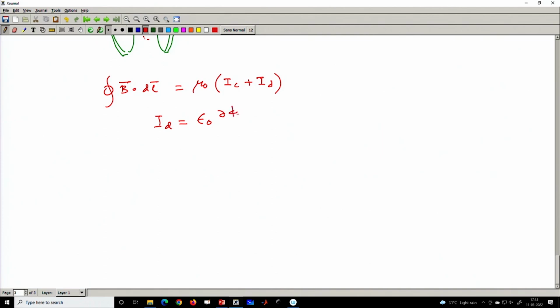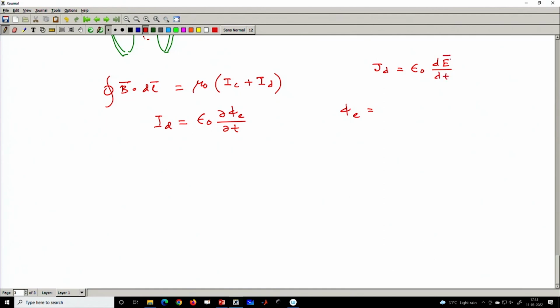It should be the electric flux divided by T, where phi E, because I had JD equal to epsilon 0 dE/dt.